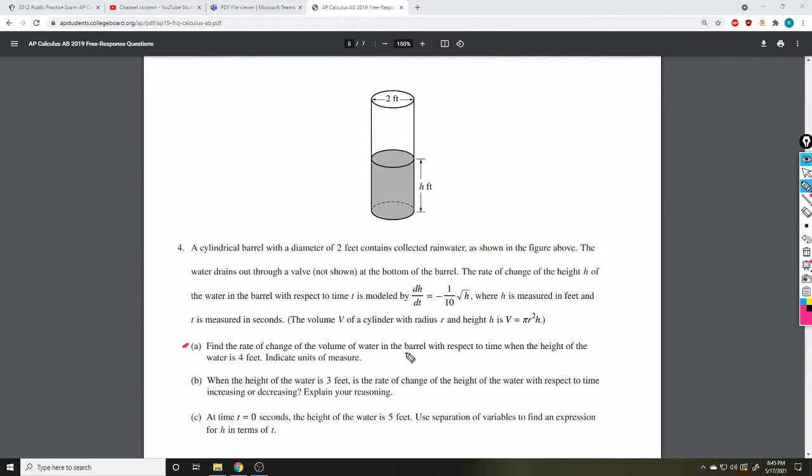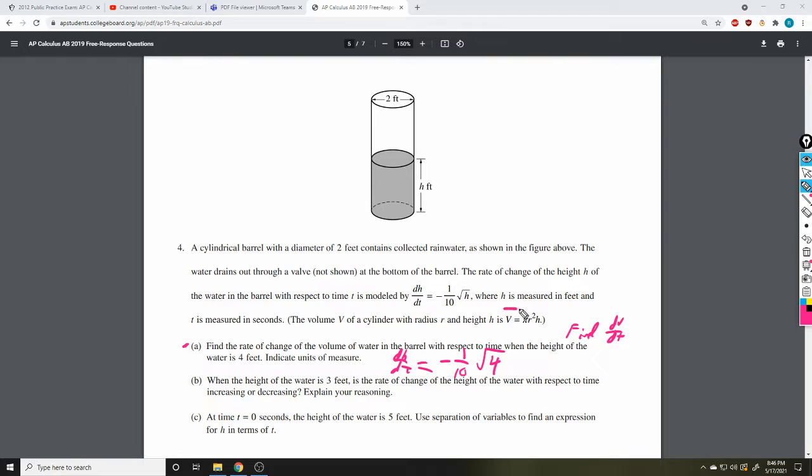Find the rate of change of the volume. It's giving you dH dt. Because it's telling me that the height is 4, so dH dt, plug in 4 for h. So that's what dH dt is, and it's asking you to find dV dt.